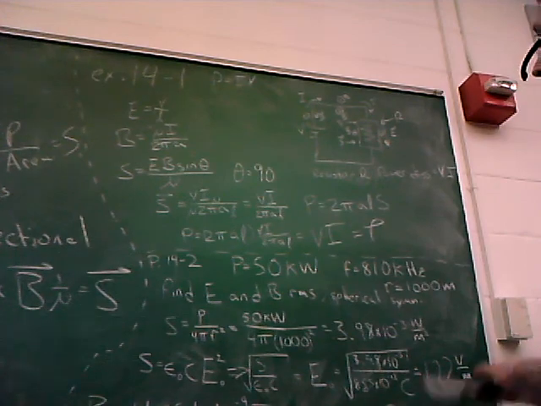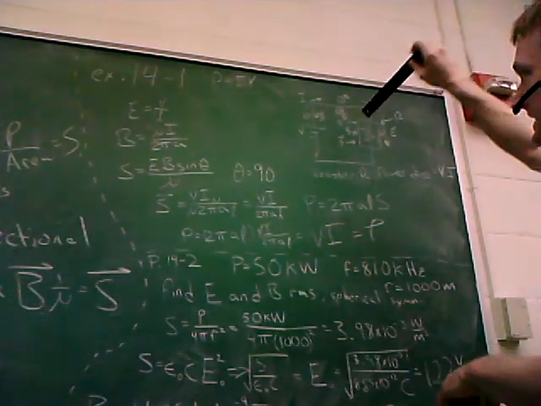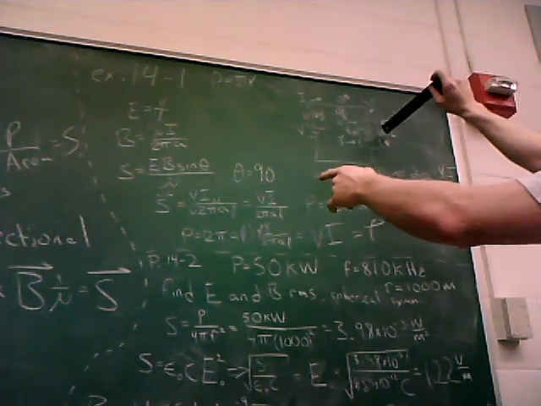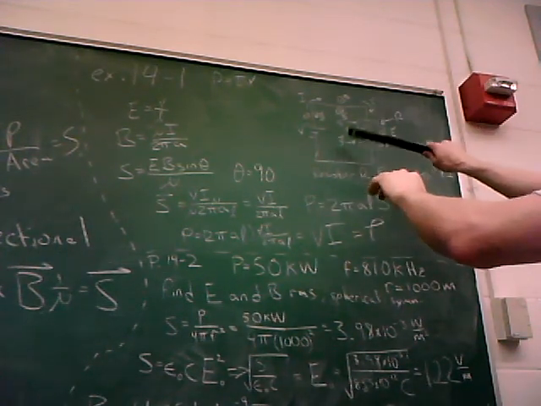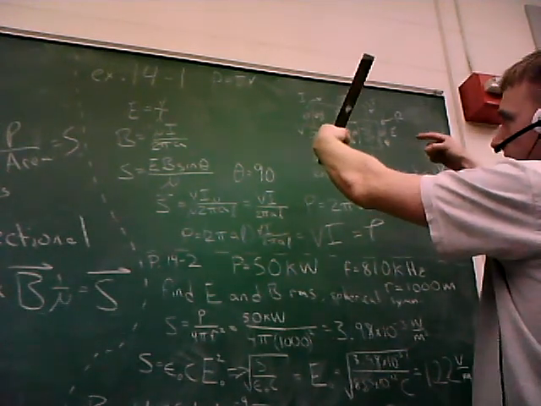So here we have an E field going downward. We have a B field going into the board on the left hand side and out of the board on the right hand side. And we have an S field going into the resistor on all sides.